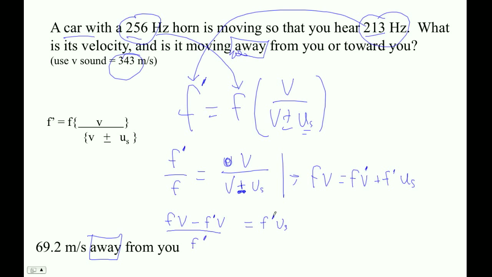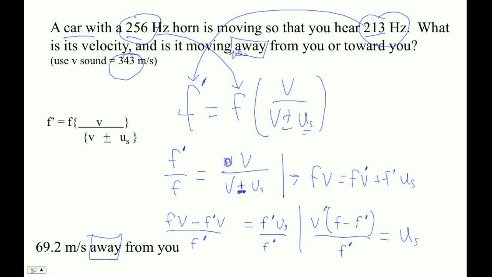So now this guy goes away, and then we can also factor out a V, so we get V outside of F minus F prime, all over F prime, equals U S. That's weird. I would have thought for sure that this would be the original frequency there, but it's not.